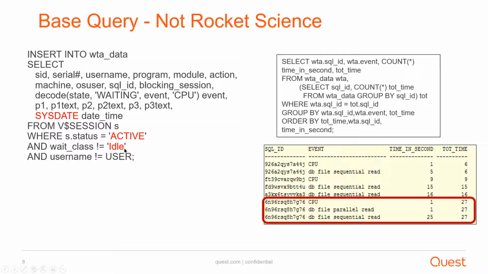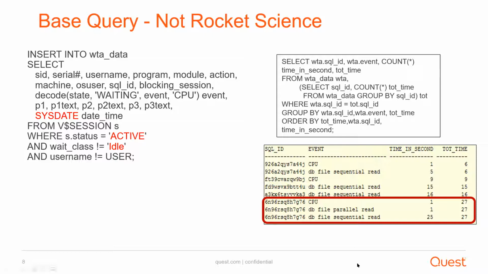I'm not getting any idle events because that's just noise, and I'm also not getting myself because I'm polling every second, so I don't want to be seen. And then whenever you want to look, you've got the timestamp, so you can either look at all the data or you can go between ranges and answer the question: what happened yesterday at 5 o'clock?